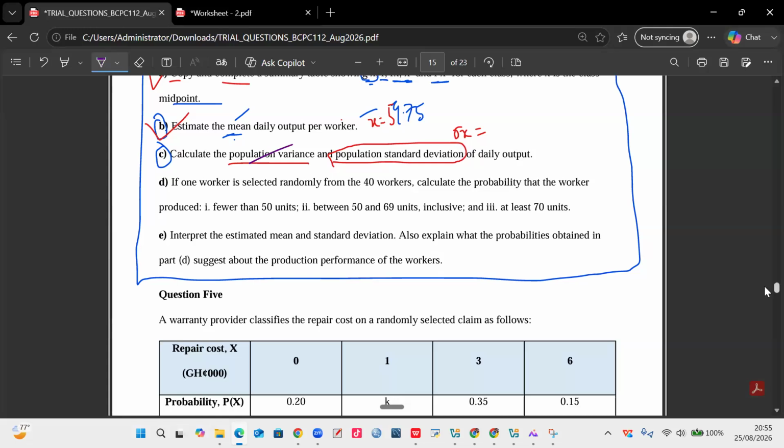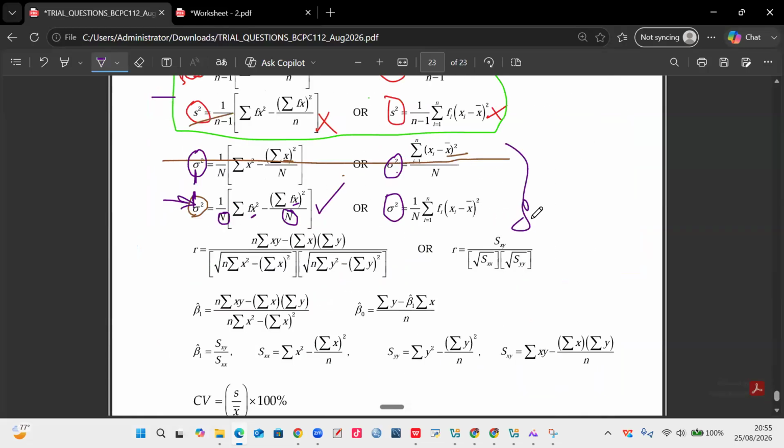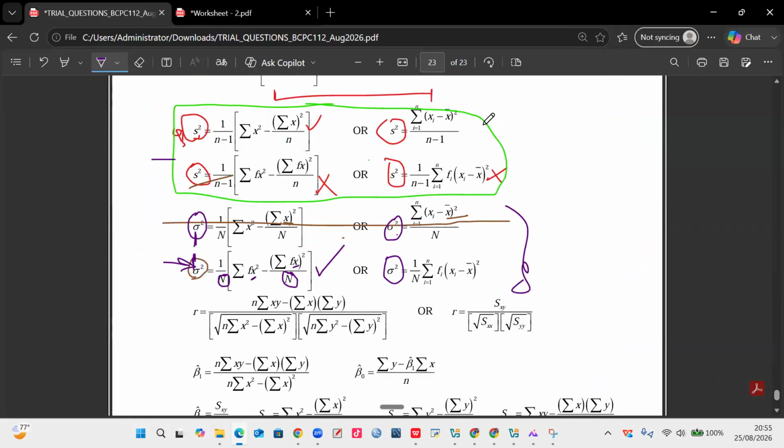With respect to the population standard deviation, now watch here. In this question, they gave you the sample variance and the population variance. What's the difference between the variance and the standard deviation? If it is a sample, the variance is S squared equals 4.